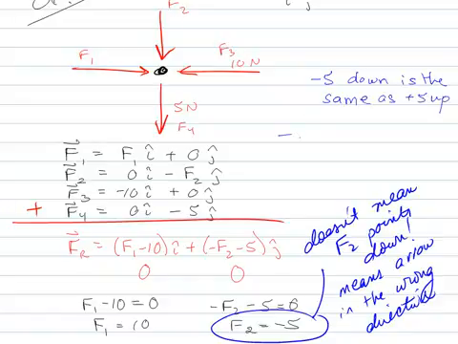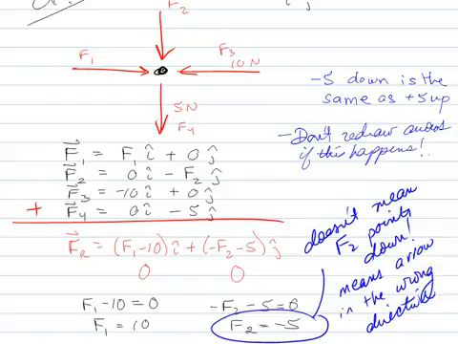I'm going to also tell you, don't redraw your arrows. If this happens, just go ahead and get in the habit of dealing with those negative numbers, because eventually you're going to run into the same problem in circuits where you're going to say, oh, the current's going this way, and it turns out it goes this way, so you get negative values for current. And what happens is if this is a more complicated system, you're going to be using this force in multiple kinds of equations.